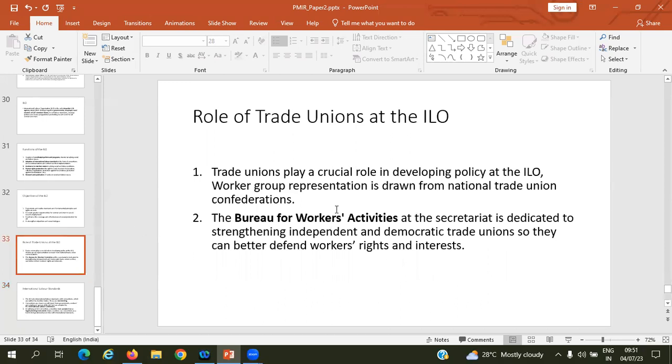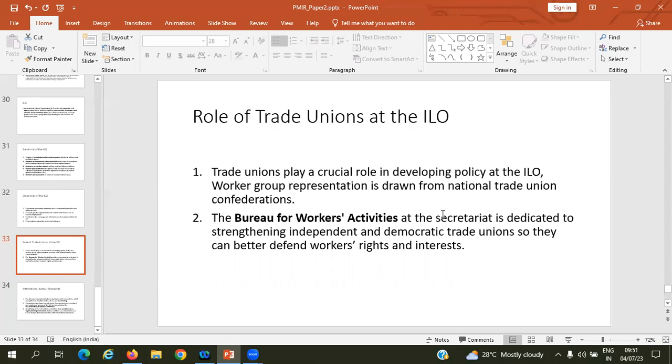Next thing we'll read: how India is, what is the trend, how India is benefited from different unions. We had a small discussion on that. We can elaborate and discuss further on that.